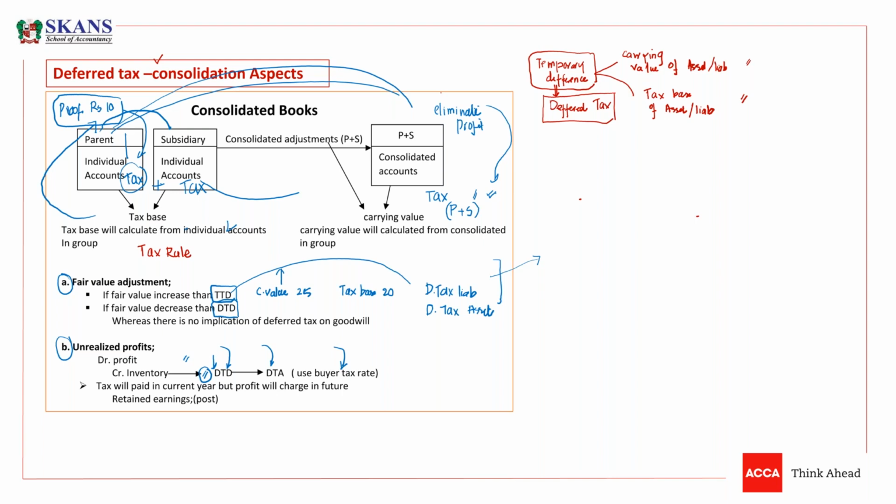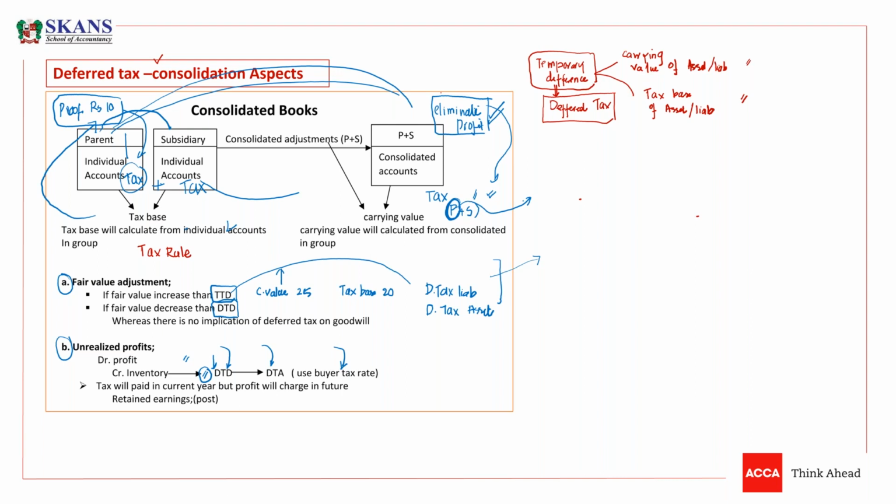So in this consolidated tax, there is a tax on this profit, and in consolidation we are eliminating this profit. So we have to eliminate this tax as well.